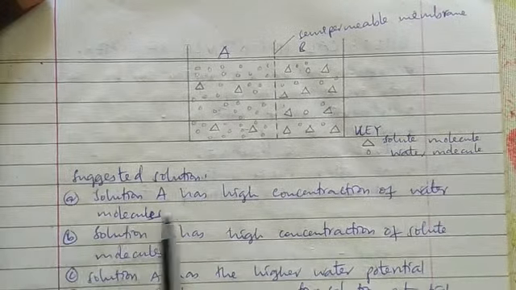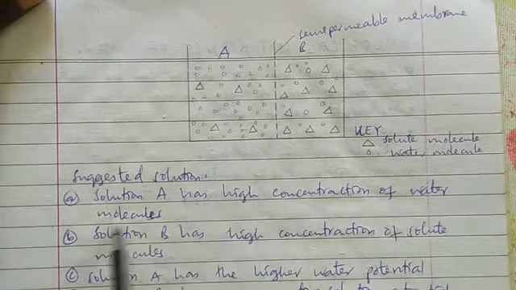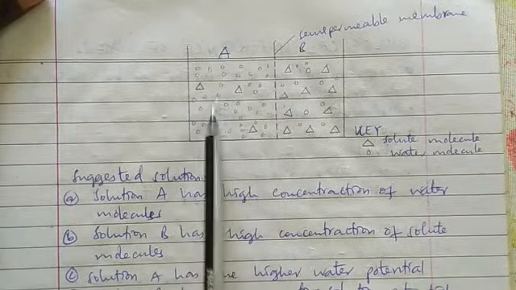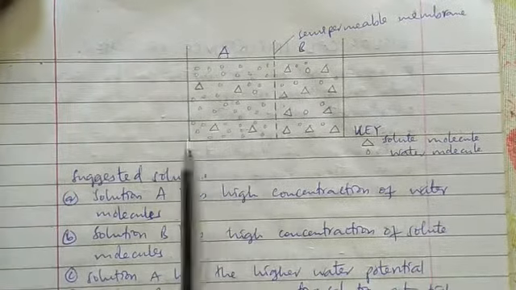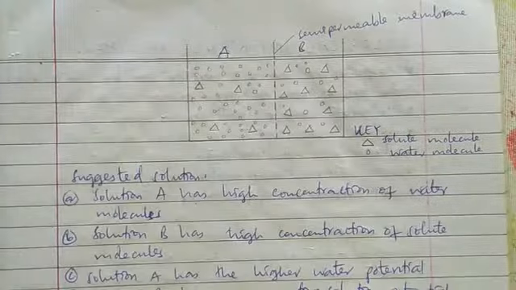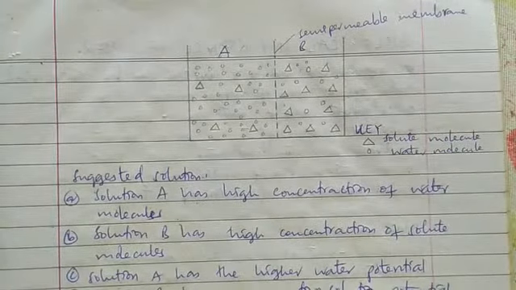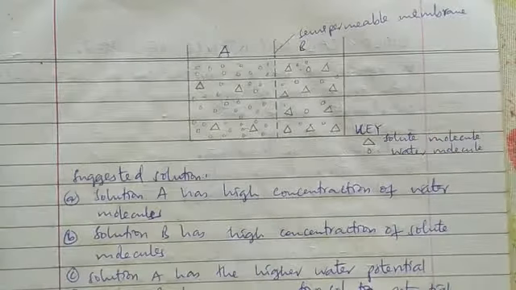Then in question A, solution A has a higher concentration of water molecules. Water molecules are seen as many in solution A, so it will have a higher concentration of water molecules. And in terms of solute concentration, solution B will have a higher concentration of solute molecules.